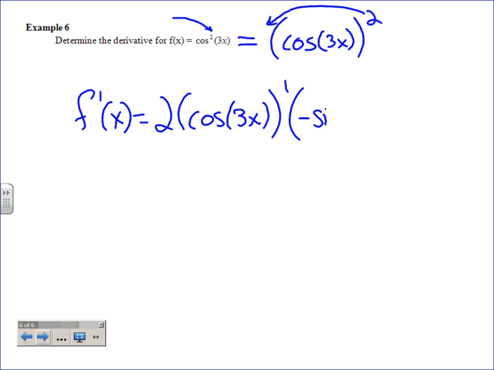Negative sign, very good. You would take the derivative of the trig, write down the angle, right? And then what? Derivative of the 3x, which is 3. Sometimes you really have to remove yourself from the problem and say, if this was all I was given, what would I do? Okay, so do you see the chain rule inside a chain rule? Yeah, it's really weird, but it does happen.